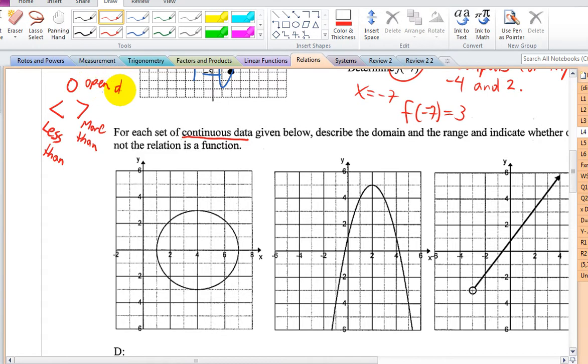Okay? And that's because it excludes the point. Then the opposite will be these ones, where you have the equal to part. So you have a closed dot, which includes the point.